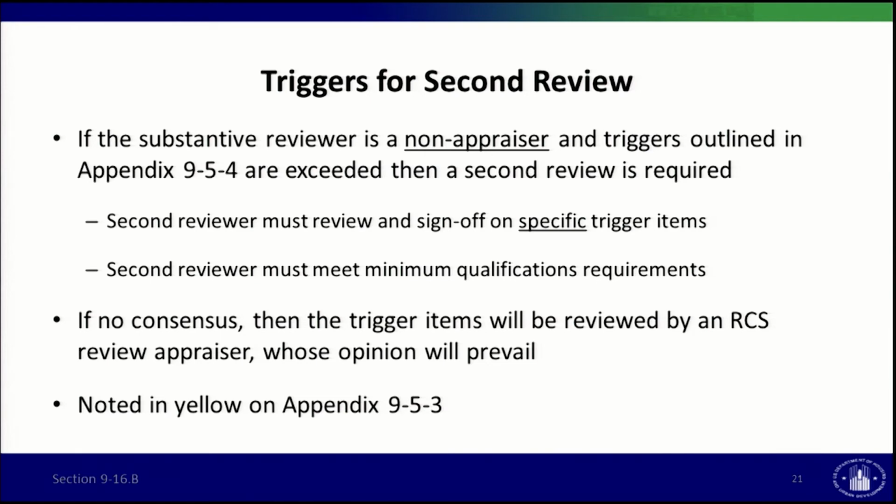They don't have to be an appraiser, but the reviewer must meet the minimum qualification requirements. If the two reviewers cannot agree, then a review appraiser must decide and their opinion will prevail. If the second reviewer is an appraiser, then this third step is not necessary.